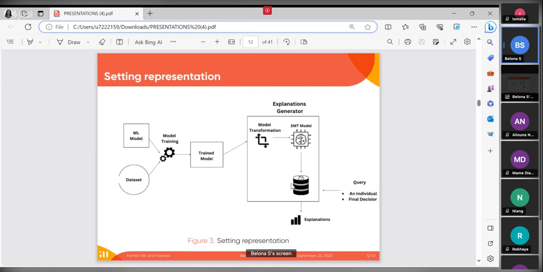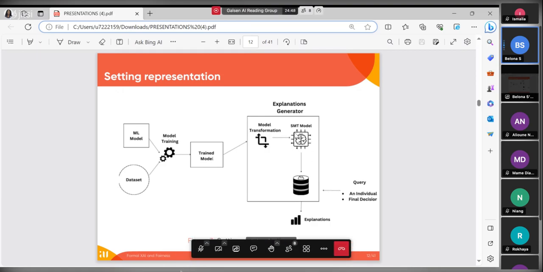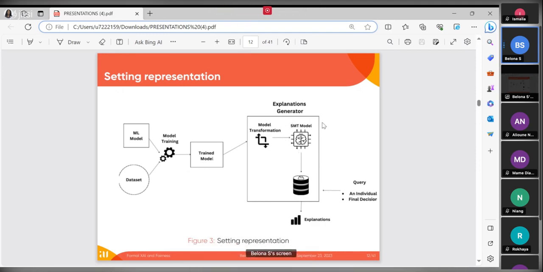To get formal explanation, first of all, we have to transform the trained model into an SMT formula. SMT formula is a kind of logic formula. I hope you are familiar with logic in mathematics. So in formal explanation, we first transform our trained model into an SMT model, which is a kind of logic formula.